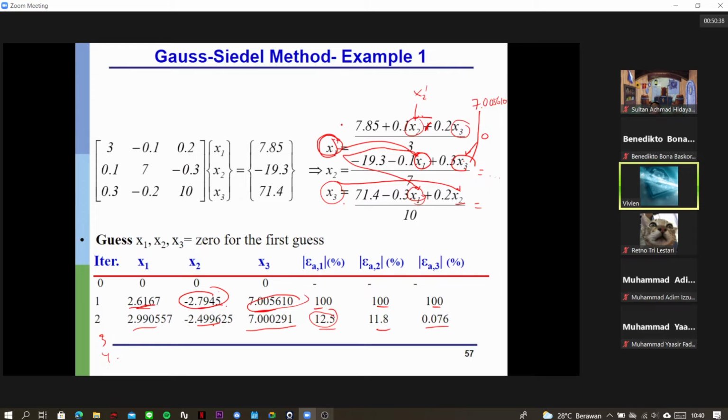with the previous value. So for example, we have x1 at 0, which is the initial value, and then we have x1 at the first iteration. When we want to use x1 at the second iteration, it's not directly calculated from this one, but instead is calculated by lambda times x1 plus (1 minus lambda) times the value before.